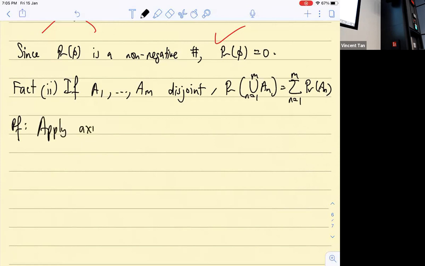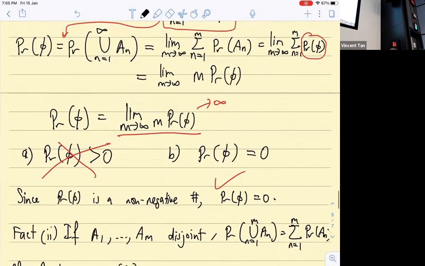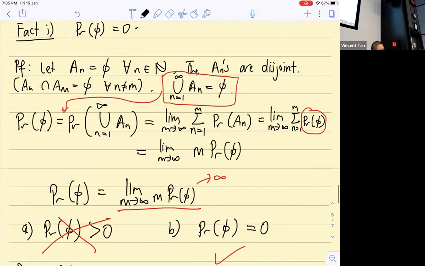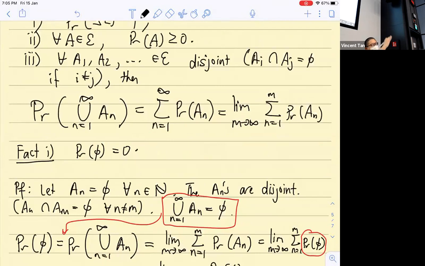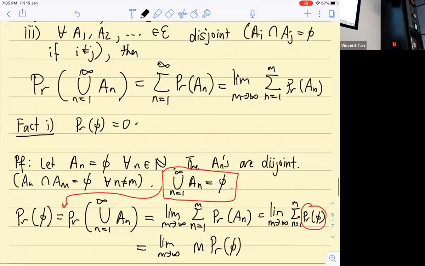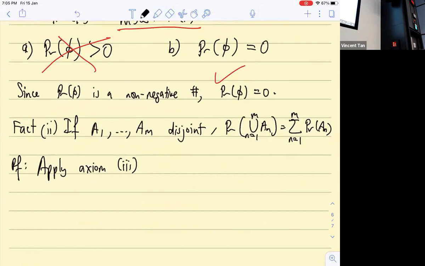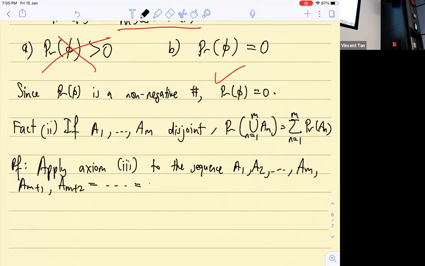Apply axiom of probability 3, where we have an infinite sequence of disjoint events. We use the same trick. If we only consider M, we set all the rest to be the empty set. Apply axiom 3 to the sequence A1, A2, all the way to AM, and AM plus 1, AM plus 2, all equal to the empty set. And we are done.